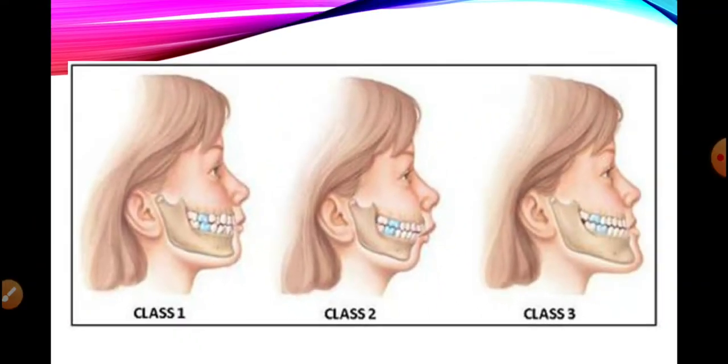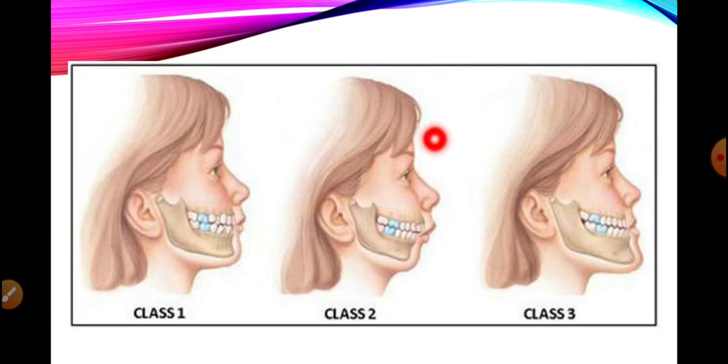Usually in cases of Class 1, both the maxilla and mandible lie in harmony with each other, which leads to the development of a straight face. When we talk about skeletal Class 2, the patient usually presents with a convex profile.